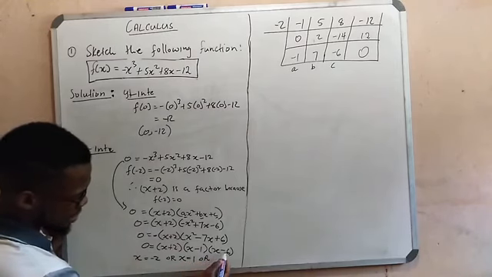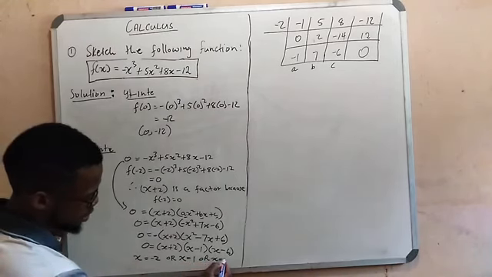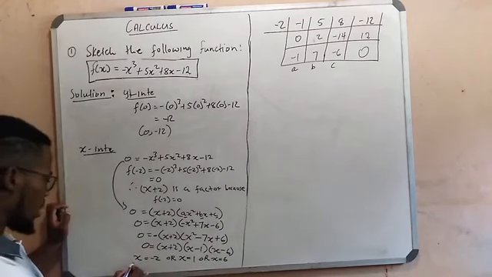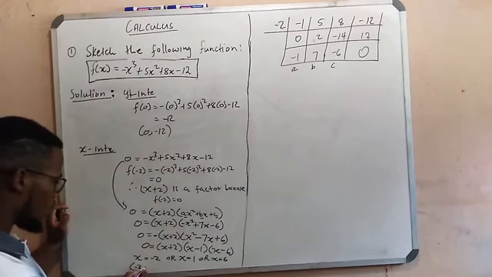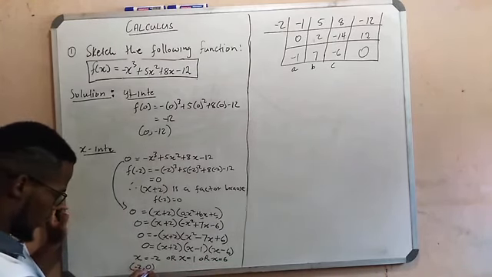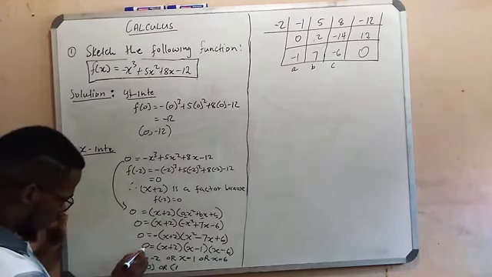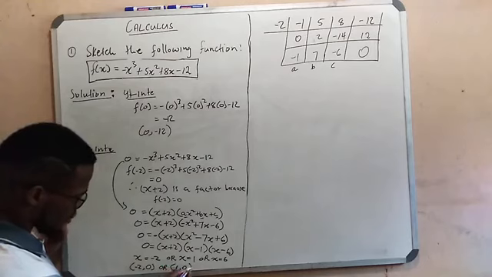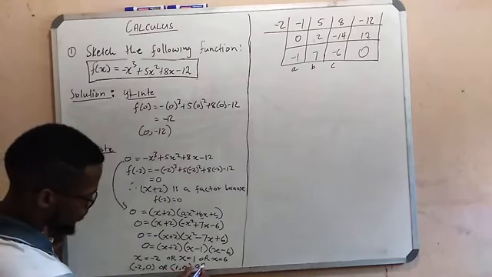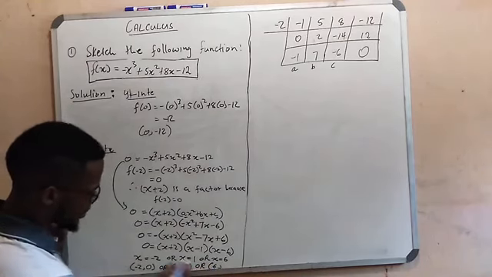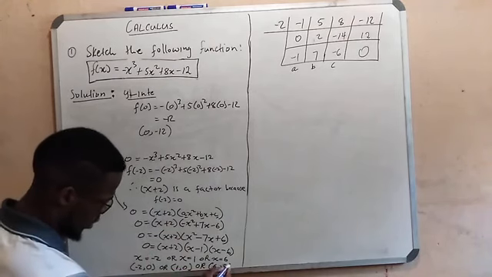Another x-intercept, it is negative, therefore x will be positive 6. So in other words, you have minus 2 is to 0, or you have positive 1 is to 0, or you have positive 6 is to 0.